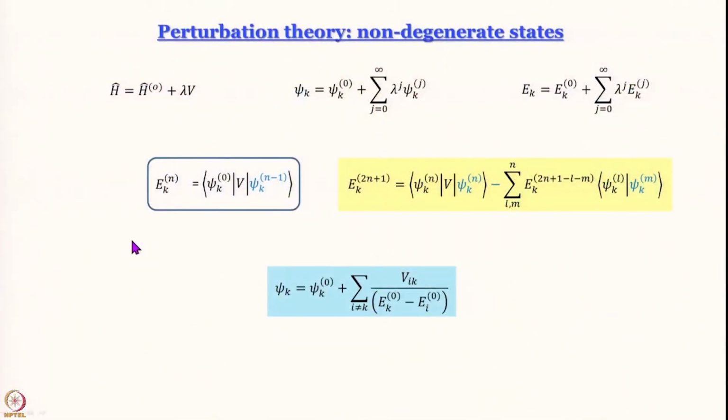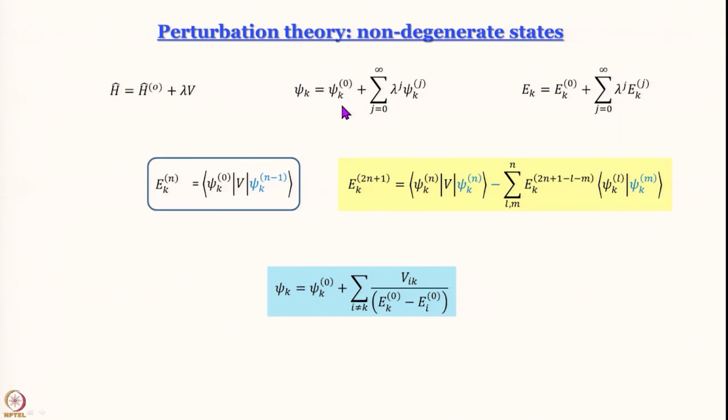Right. But before that, let us not forget what we have studied. We have studied perturbation theory. For a non-degenerate state, one can represent the wave function as an unperturbed wave function. This is essentially the wave function of a system which is exactly solvable.